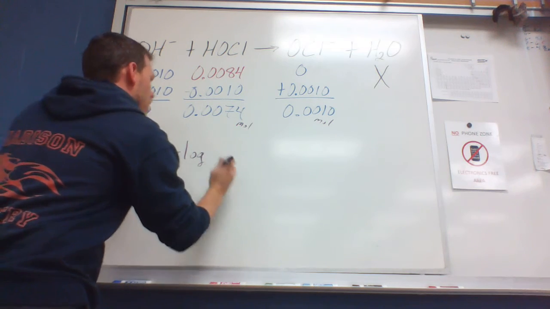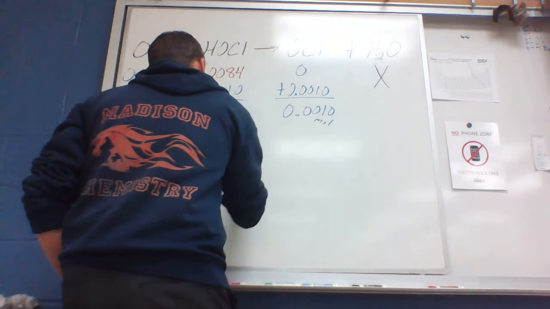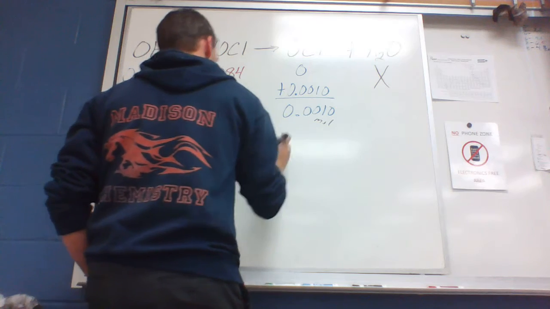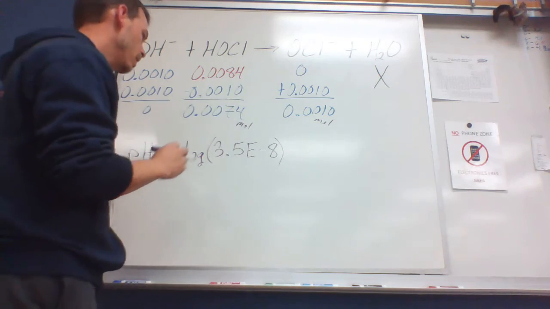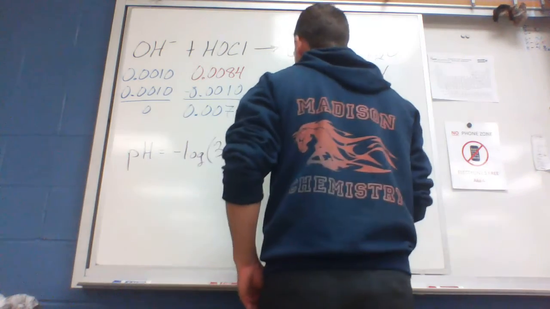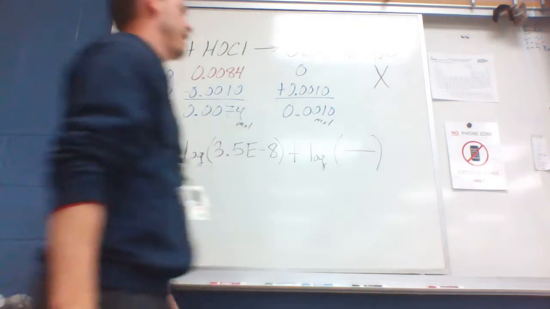Therefore, we can go pH equals negative log of, there's my constant, 3.5 e negative 8. Does it matter which one is the stronger weak? Nope. Plus the log. And here's where you have to be careful.